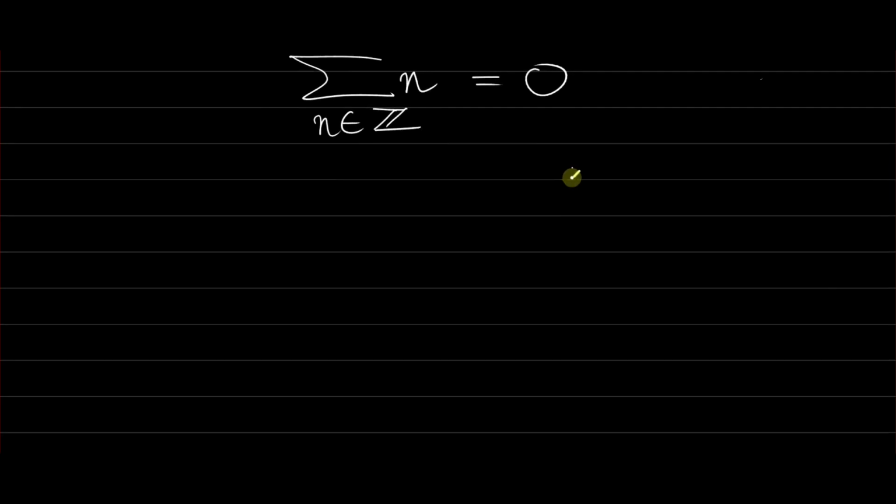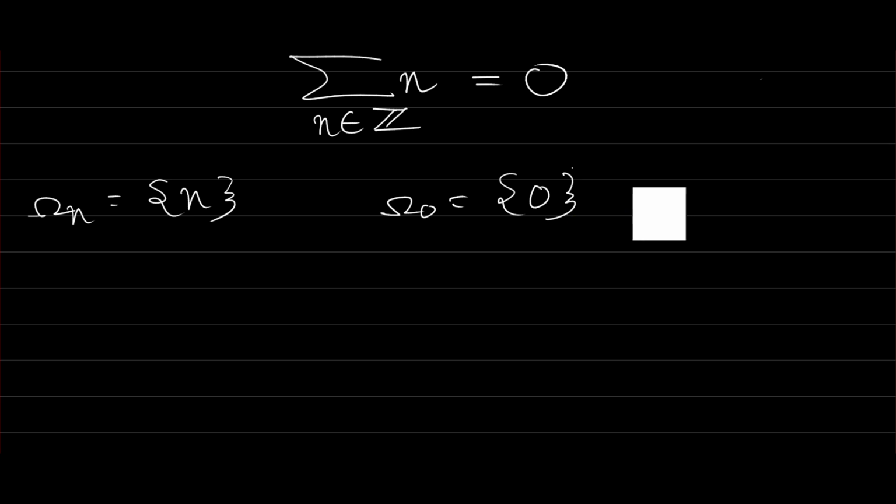So let's get into the notation first. The first notation I'm going to use is omega of n equals the set containing n. What I'm defining is that the singleton set of n is equal to omega of n. So omega of 0 is equal to the singleton set of 0. Omega of 1 is equal to the singleton set of 1.